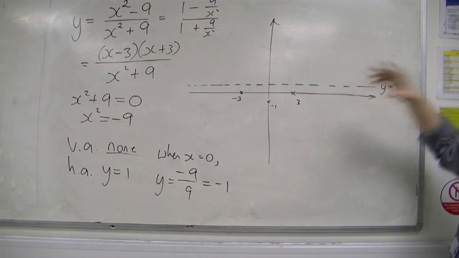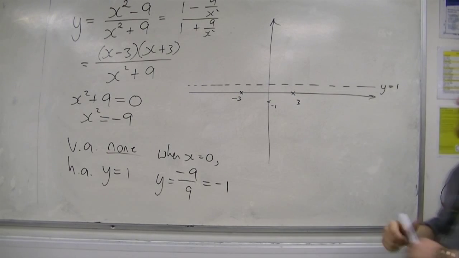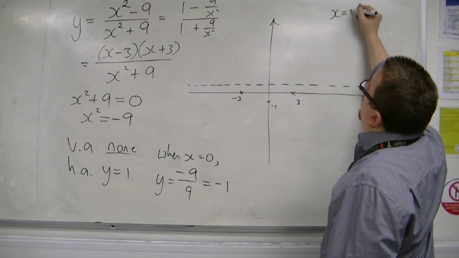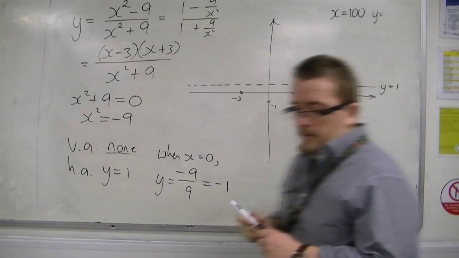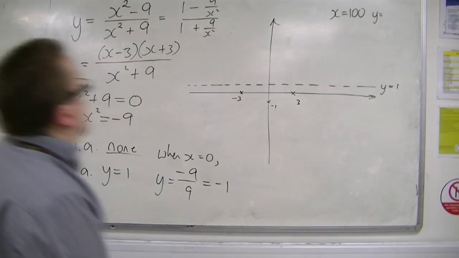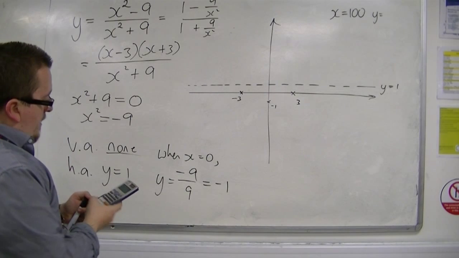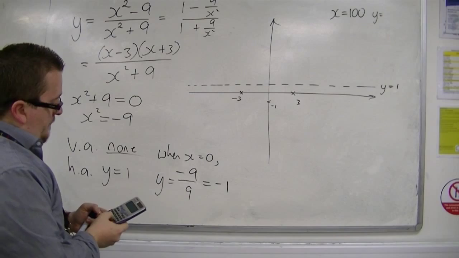Now it's still not immediately obvious as to what's going on here. So I'd best see what's happening for large values of x. So I'm going to substitute in x is 100. So I get 100 squared, take away 9, over 100 squared plus 9.